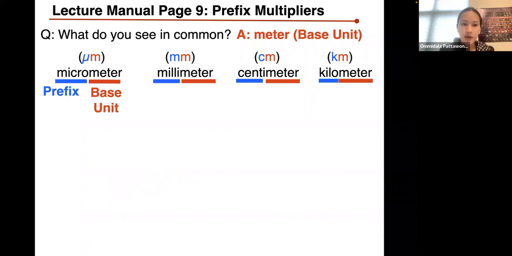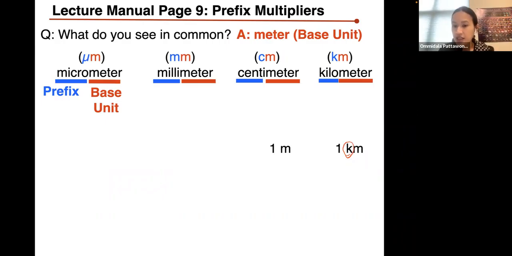Okay, so in this case, the prefix will tell you something, right? So what is that? I'm going to go ahead and compare the values so that it's easier for us to see. If I compare kilometer to just a meter, the difference between these two, again, is just the kilo that's being added to the meter, right? So these two also describe length.